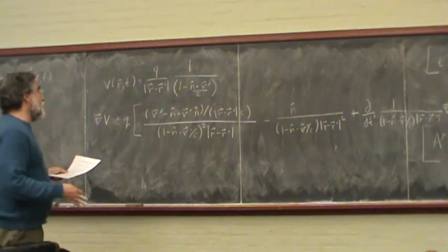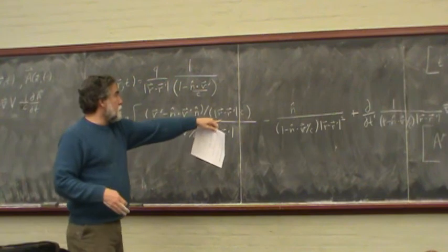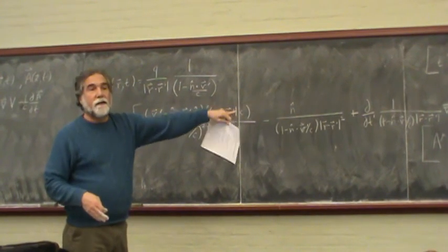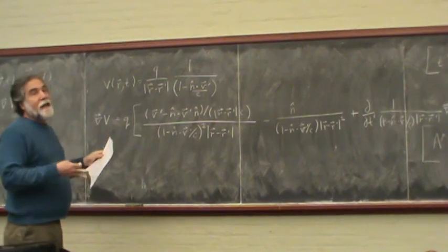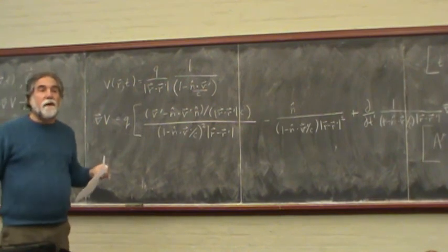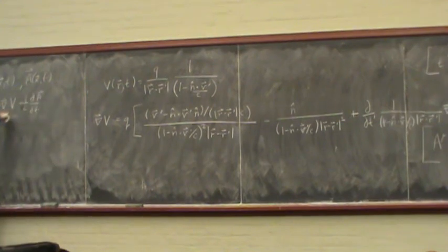There's actually two differentiations that remain to be done down over there, okay? And that is then the gradient v term that comes out of plugging that potential into this gradient, okay?